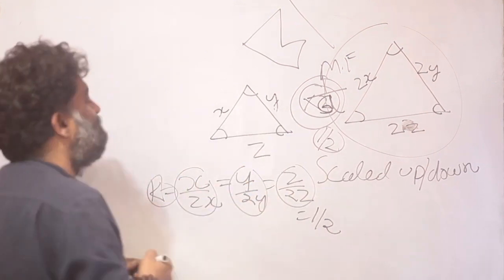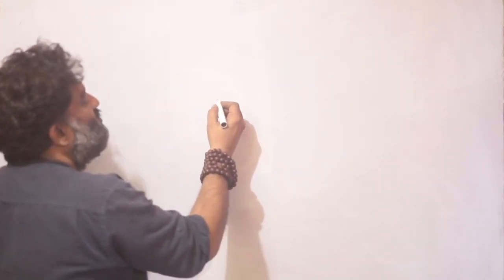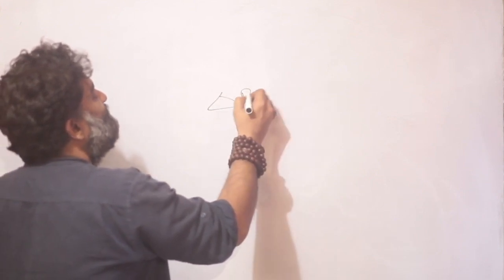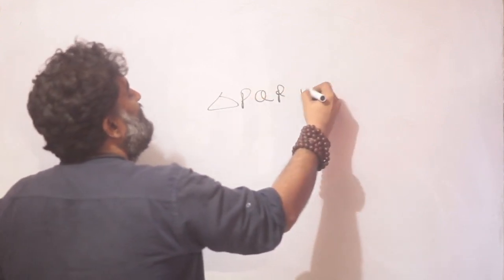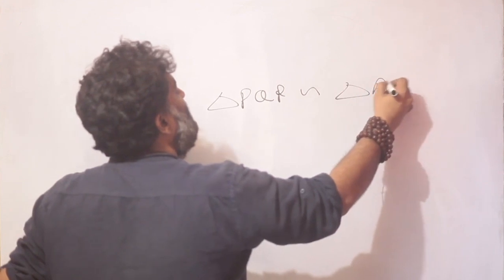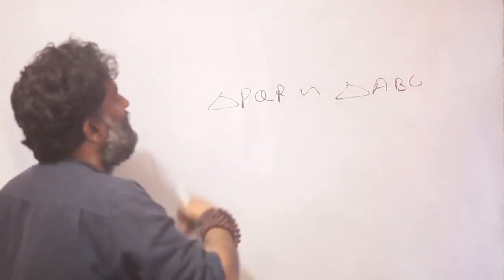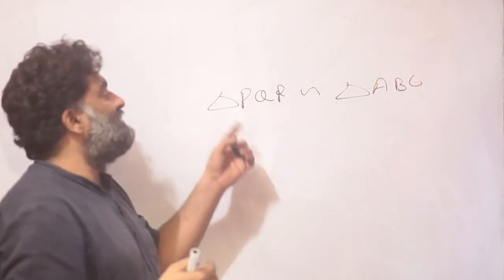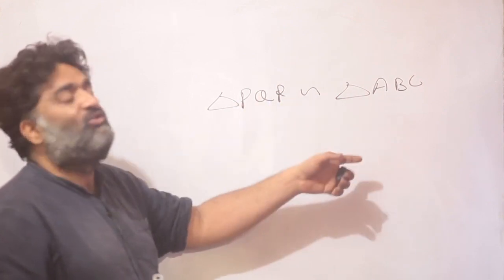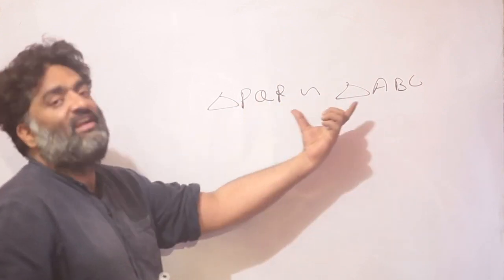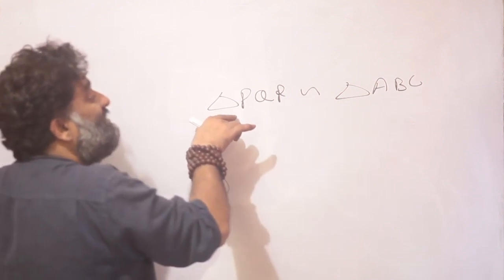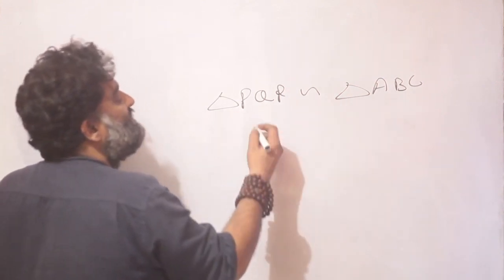So writing this a little more formally, if I say triangle PQR is similar to triangle ABC, and once again, just like congruence, the correspondence is going to be important. So it is important that you write the triangles in the right manner. But if I write it like this, what does it mean?